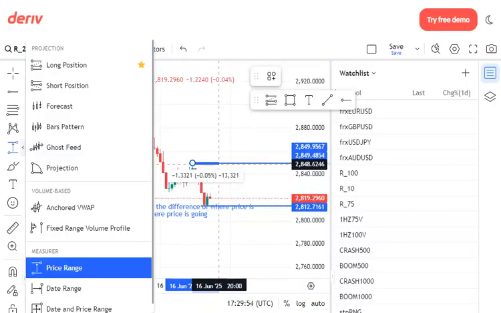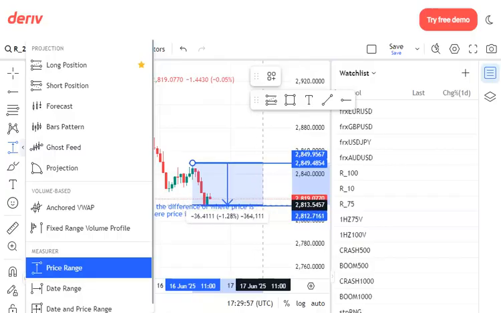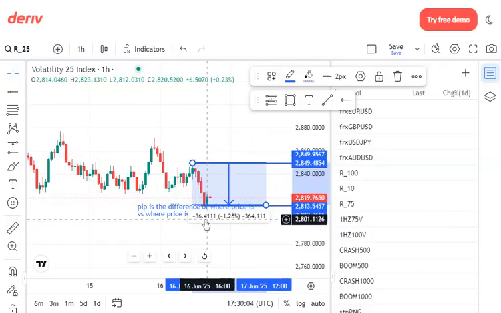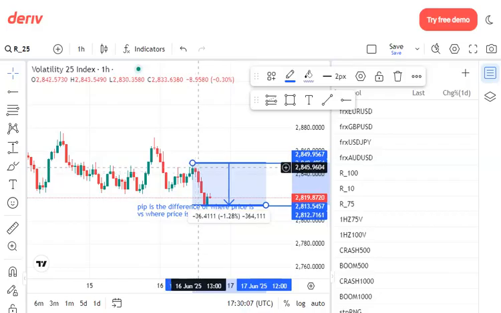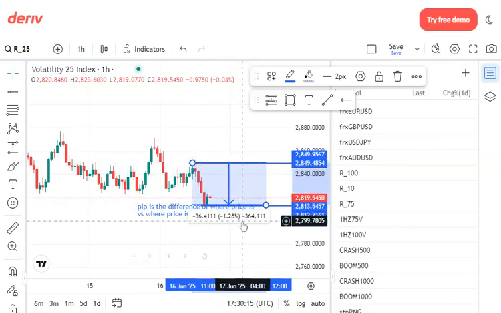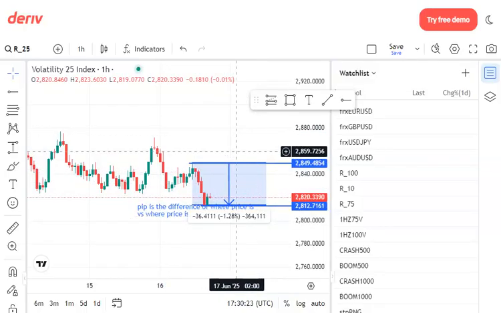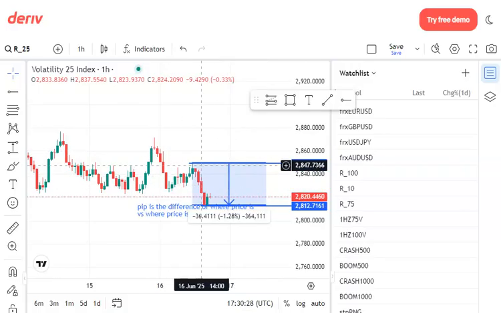So if the price was here and the price ranged down to this point, how we determine this difference is the number, the calculated difference of where price was and now. So the number is what we call pips. Okay, so I just wanted to show you in a short video that pips is the difference between where price was and where price is.